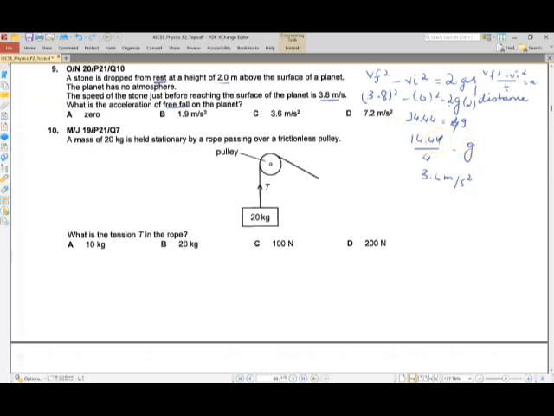Now, when you study kinetic energy and gravitational potential energy, I think it's after 3 or 4 topics, you will understand one thing: whenever something is lifted against gravity, it gains gravitational potential energy.